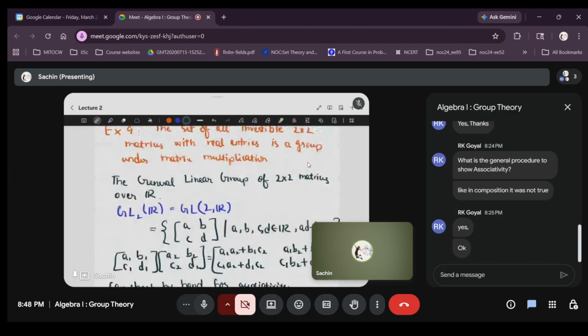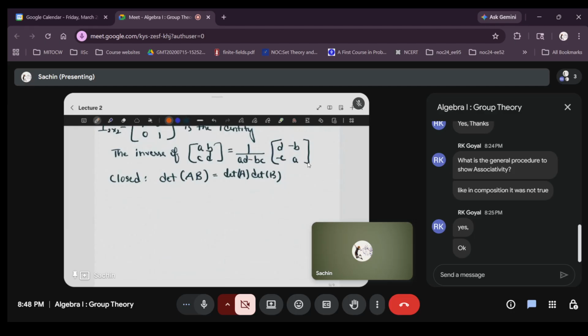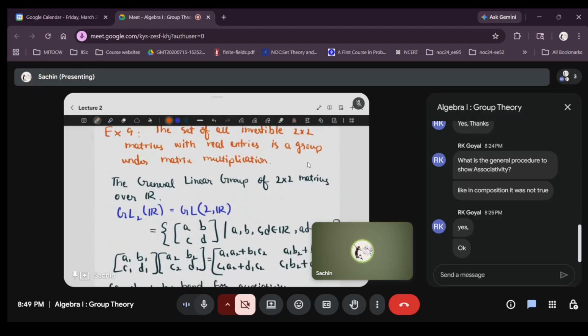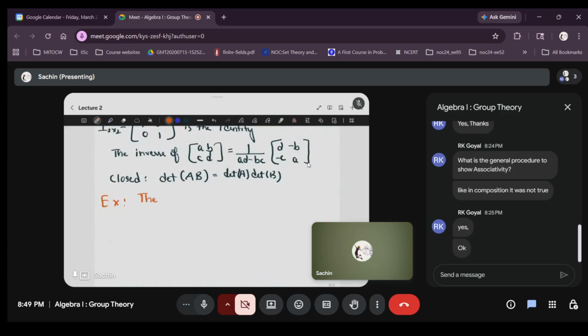Now, related to this, another group which is very similar is the set of all 2 by 2 matrices with real entries that have determinant 1.